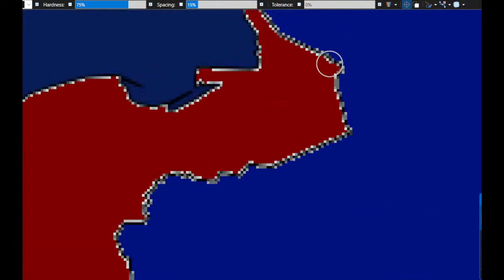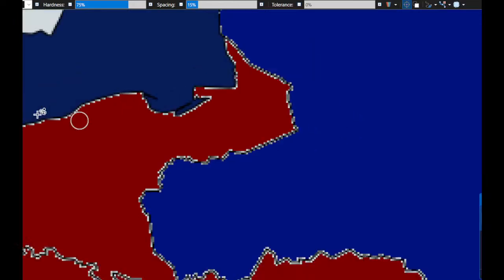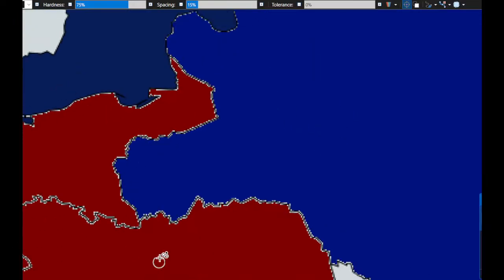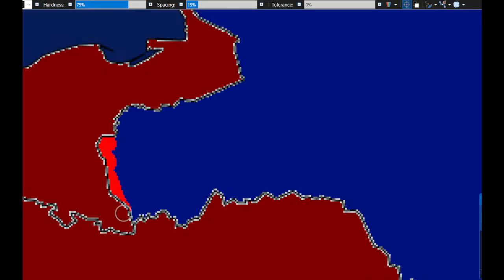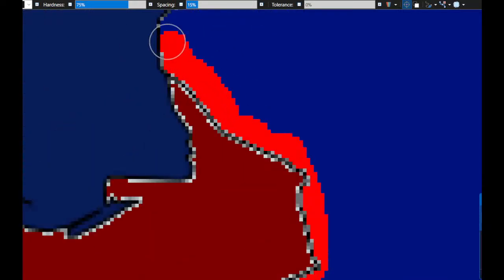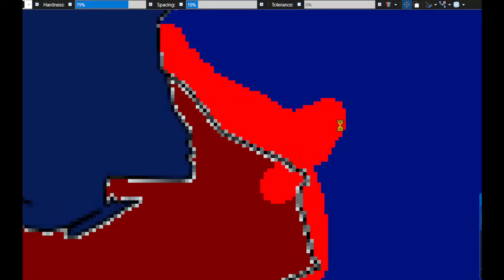So Russia starts an offensive into here, but then that just fails, and Germany begins pushing into Poland, and also the Baltics too. My public speaking skills are terrible at this point.